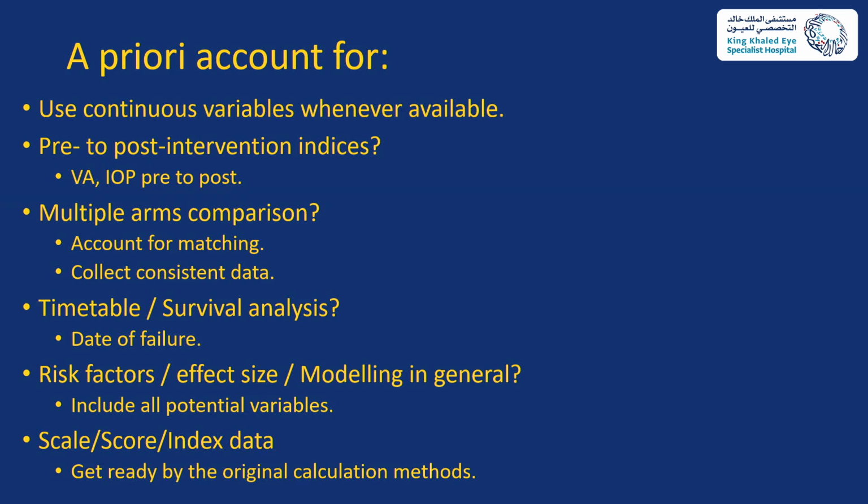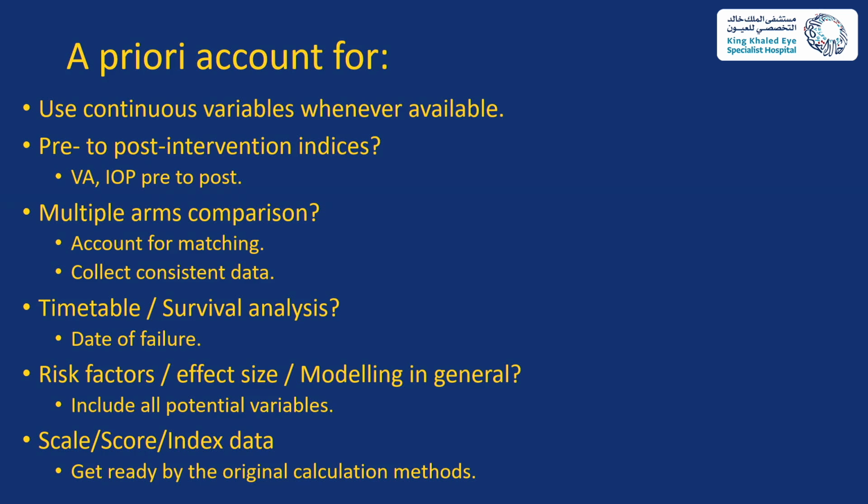Some people bring their data collection sheets, their databases, to the research department and say, please help me analyze this data, I want to calculate the average survival time for patients after glaucoma surgery. And then they don't have the exact date of failure. Unless you have the exact date of failure, the epidemiologist or biostatistician will not be able to help you calculate the exact survivorship.